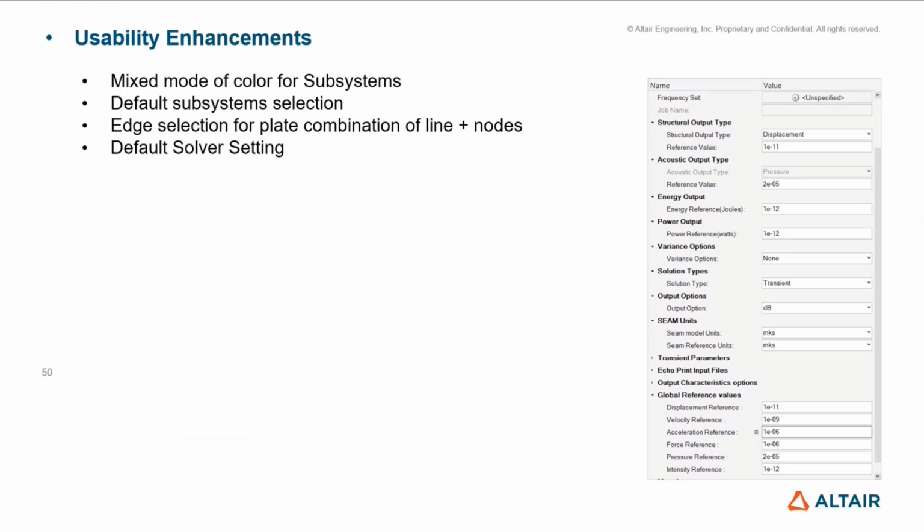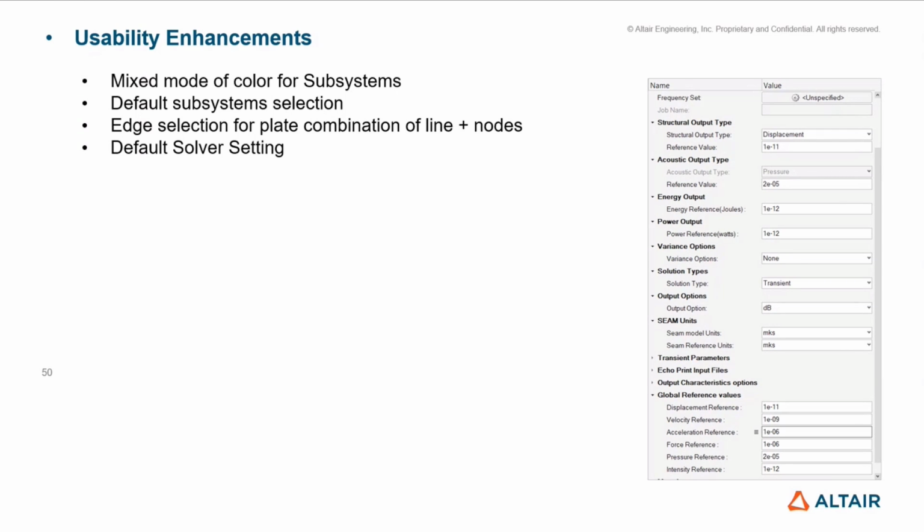As well as in the entity selector, in HyperWorks in general, if you select anything on the GUI, it by default goes to component. But users wanted a subsystem option because that is the most used option in the high frequency profile. So in this particular profile only, we made subsystem the default option once you click on a session.